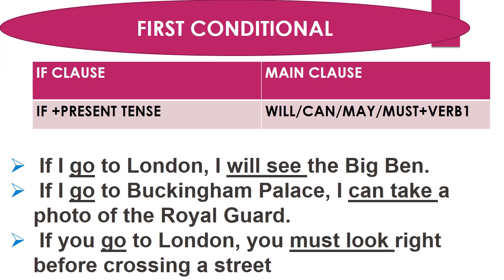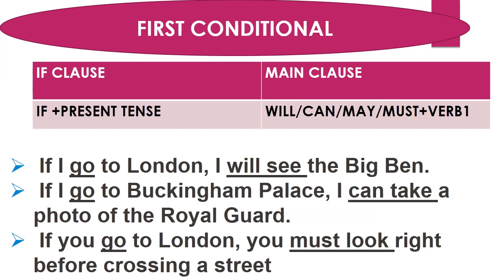Examples are, if I go to London, I will see the Big Ben. So in the if clause the verb go is used. This is simple present. And in main clause is I will see the Big Ben. So here in main clause we have used will see. With will we have used first form of the verb.